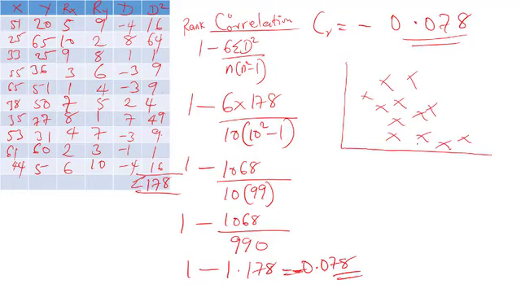A very scattered diagram, because the relationship shows a negative sign. Remember, it goes this way if it's negative. So this is the relationship between x and y, which shows that x and y are not highly correlated.